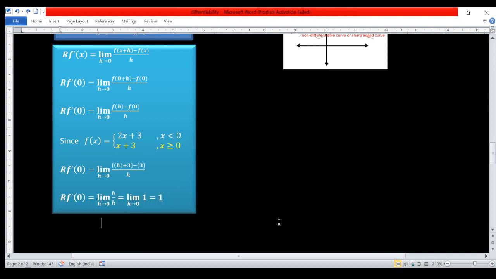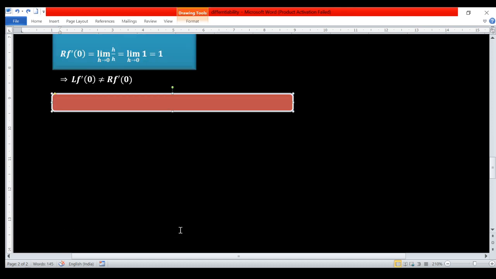Of course h is very close to 0, not equal to 0 right now, so h cancels. We'll get 1. There is no h in this limit, so we can say the limit itself is 1. So the left hand derivative is not equal to the right hand derivative. Therefore this function is not differentiable at x equal to 0.